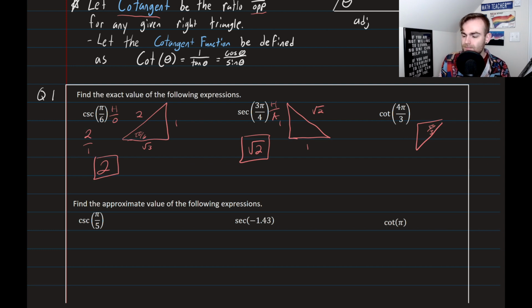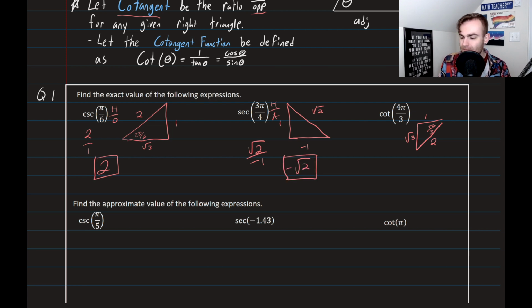Medium angles across the medium side next to the smallest side, and our hypotenuse here would be 2. Ooh, I messed up. Look at this. If you called me out on it, good for you. This one here is negative, so this would have actually been root 2 over negative 1, which is negative square root of 2.